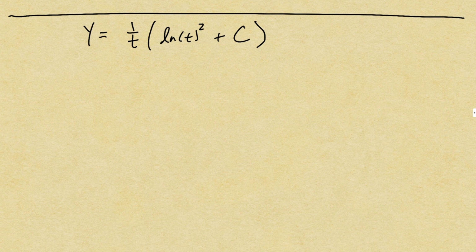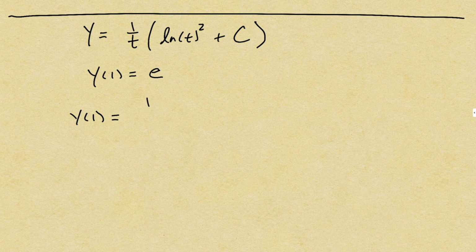And we're told that y of 1 equals e. So what this really says is that when t equals 1, y equals e. So let's plug it in. So y of 1 means 1 over 1 for t, log of 1 for t, squared, plus some constant. And we know that this whole thing has to equal e.